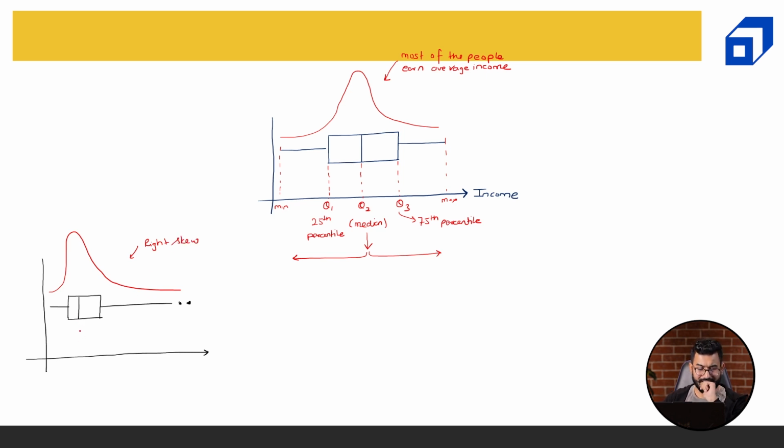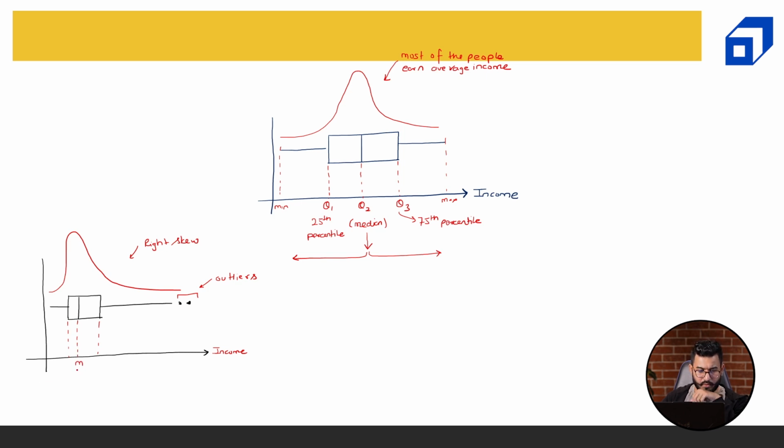This basically means the majority of the customers are on the lower scale. So if I consider this x-axis to be income, most of the customers are earning low income, while these two points are nothing but your outliers. So a box plot can essentially help you to identify the outliers.